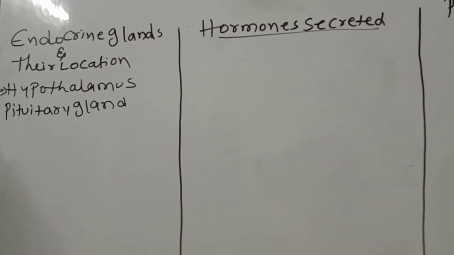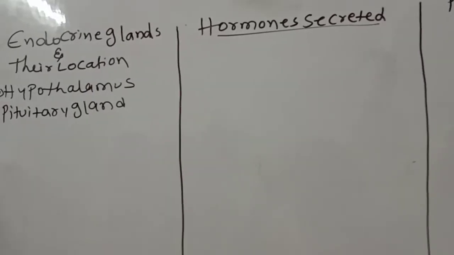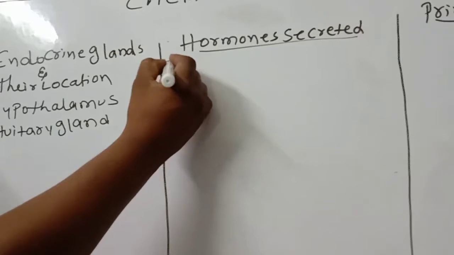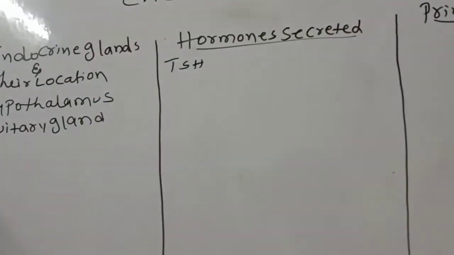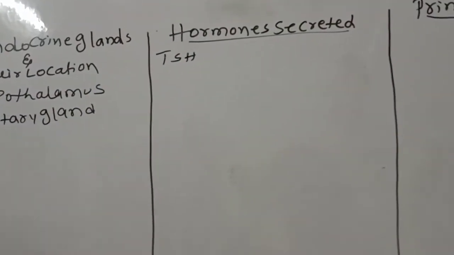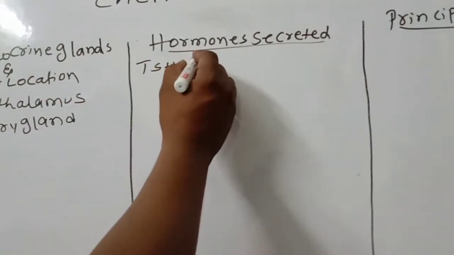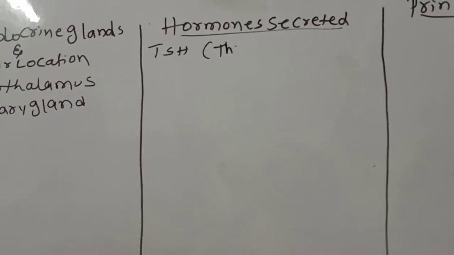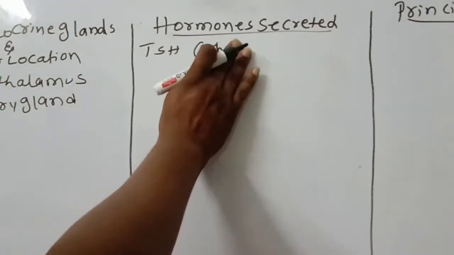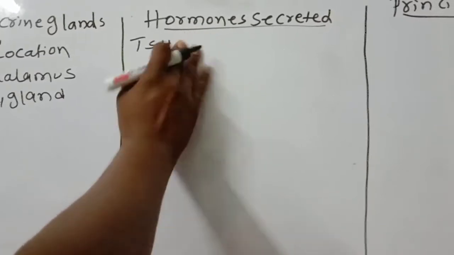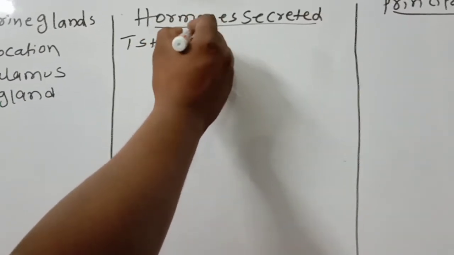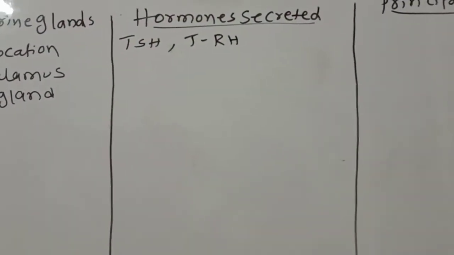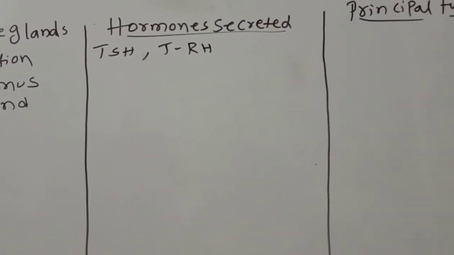There are so many hormones, but here I am giving some examples. TSH, thyroid stimulating hormone, and TRH. These two are related to which one? The hypothalamus and the pituitary gland.